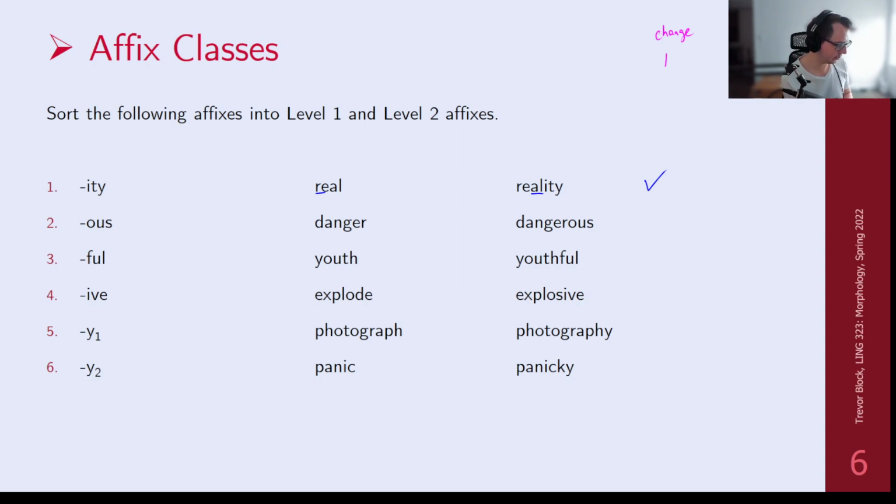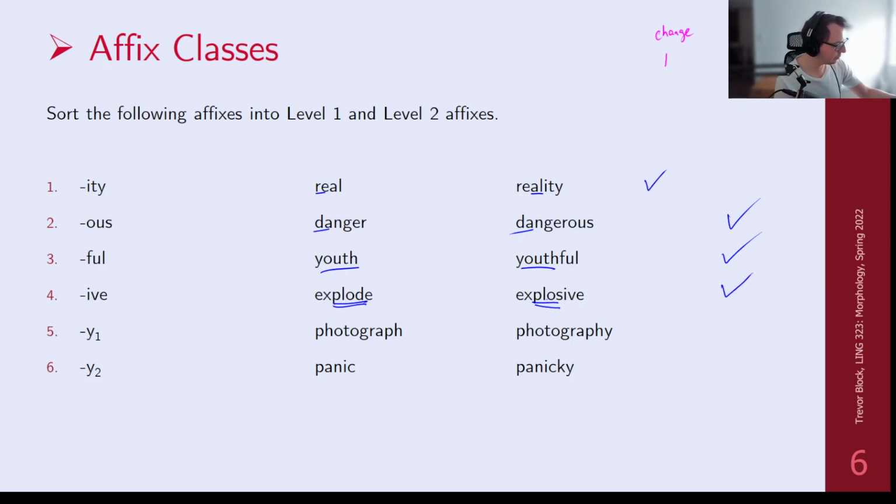Danger, dangerous. The stress does not change. Youth, stress on youth. Youthful, stress on youth again. No change. Explode, explode is getting that stress. Explosive. Oh, explode still gets that stress.